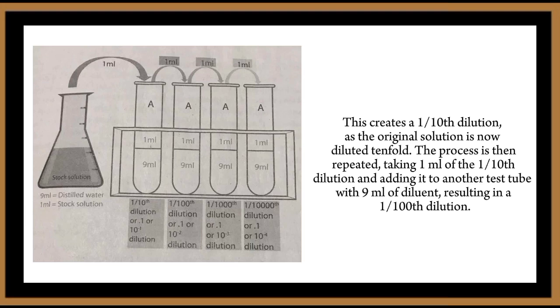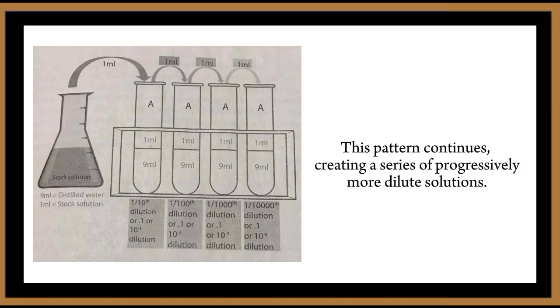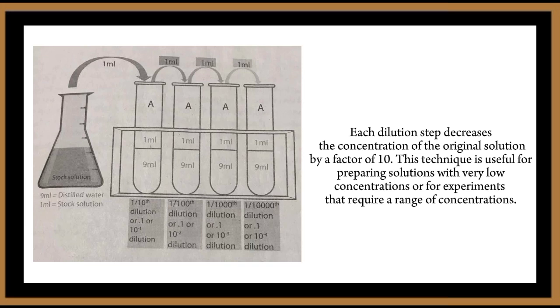The process is then repeated, taking 1 ml of the 1/10 dilution and adding it to another test tube with 9 ml of diluent, resulting in a 1/100th dilution. This pattern continues, creating a series of progressively more dilute solutions. Each dilution step decreases the concentration of the original solution by a factor of 10. This technique is useful in preparing solutions with very low concentration or for experiments that require a range of concentrations.